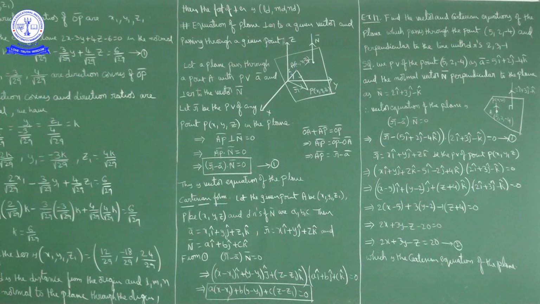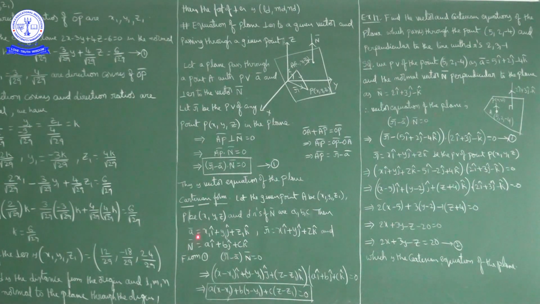So its position vector R bar is equal to x i cap plus y j cap plus z k cap. And let a, b, c be the direction ratios of the normal. So we can write N bar is equal to a i cap plus b j cap plus c k cap.